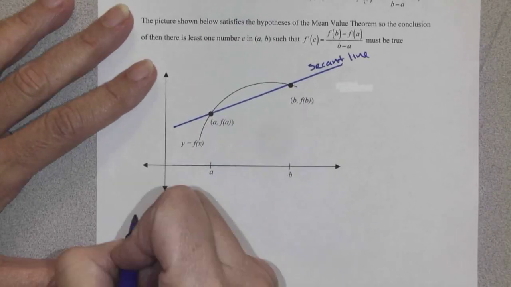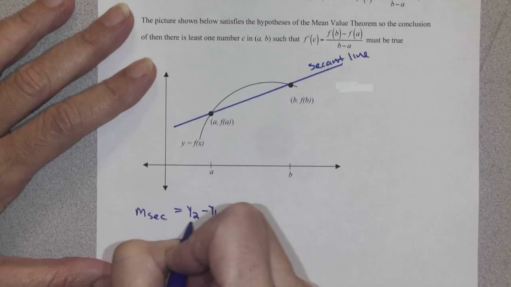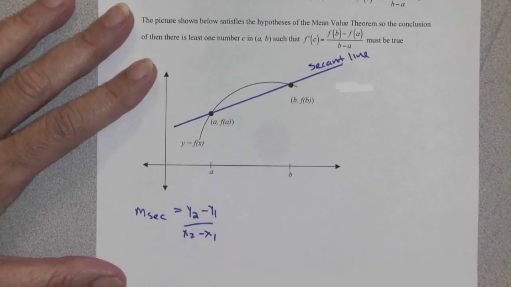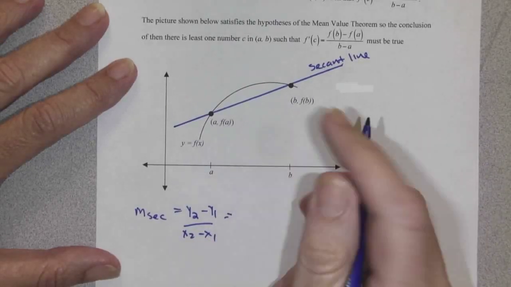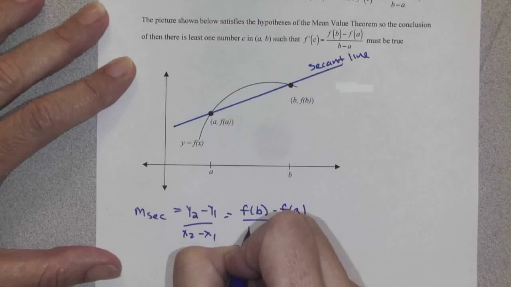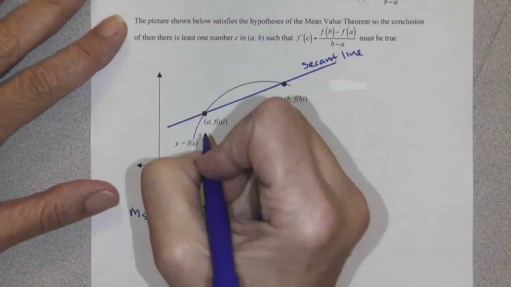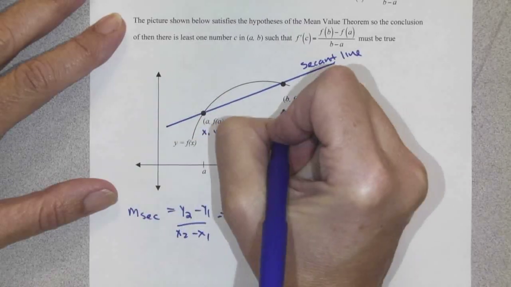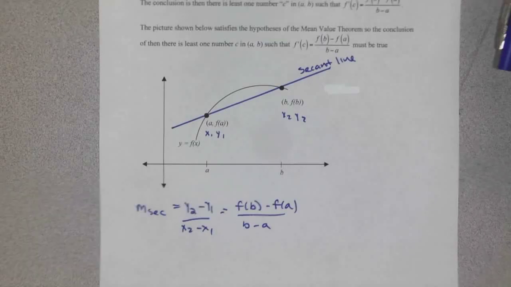Without too much fuss, I can find the slope of that secant line just using the standard formula for slope. That's going to be f of b minus f of a over b minus a, just using my points x1, y1, x2, y2. So there's the slope of my secant line.